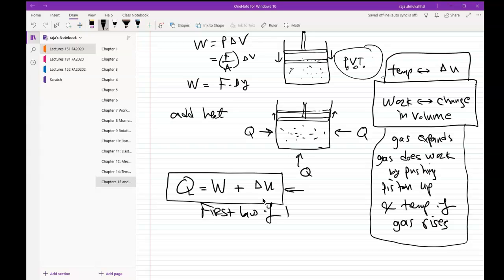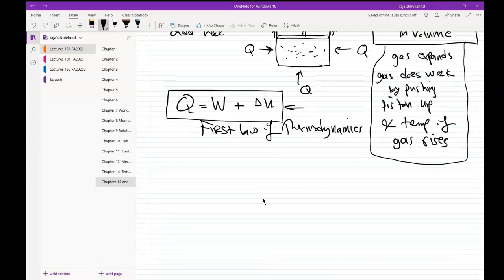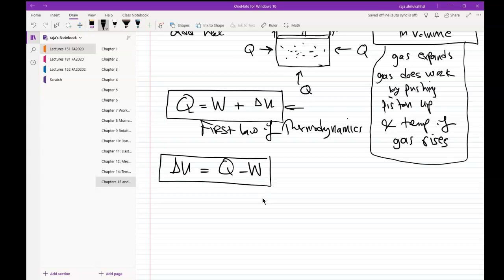First law of thermodynamics, a very, very important statement, okay? And usually we write it this way. The change in internal energy is equal to Q minus W. This is the version that I'm going to be using. Okay, so write it down before you move on.